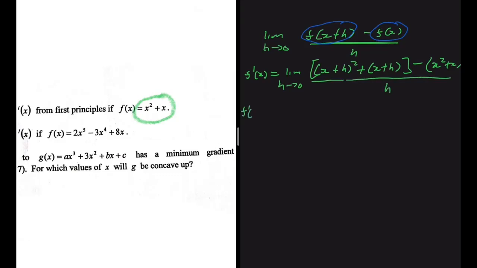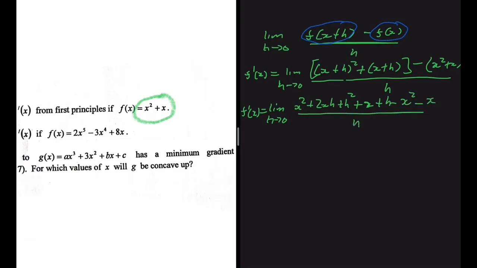So f prime of x will be equal to the limit as h tends to 0 of, so we have x plus h squared, so x multiplied by x, that is x squared, and then x multiplied by h, that is xh. You multiply that by 2, you get plus 2xh, and then h by h, that is just h squared, right? And then plus x plus h, and then minus x squared, and then minus x, and then everything being divided by h.